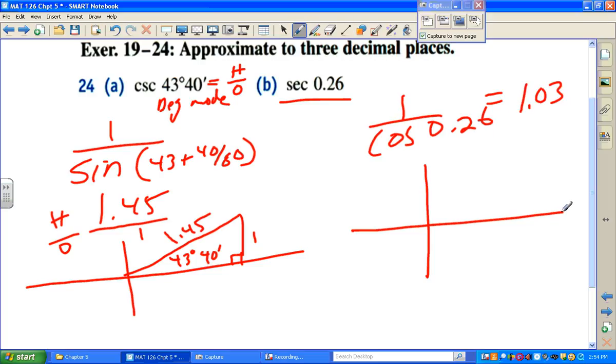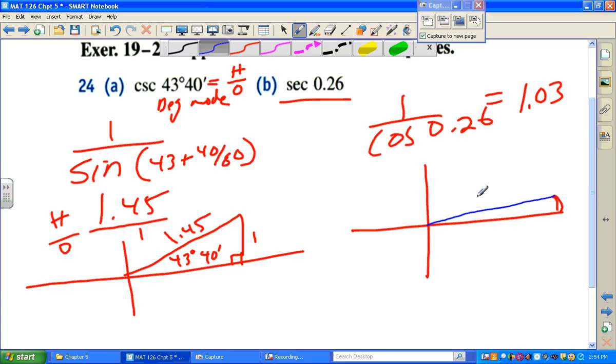That means if you went up 0.26 radians, the length from here to here would be 1.03, and the adjacent side would be 1.